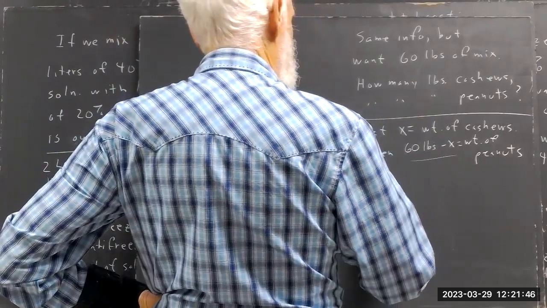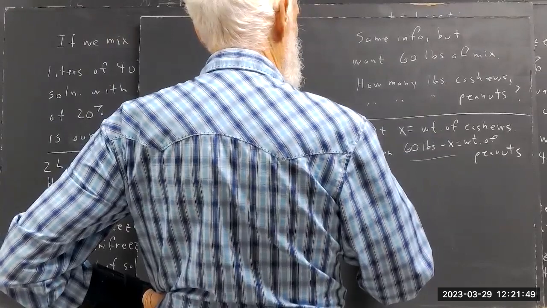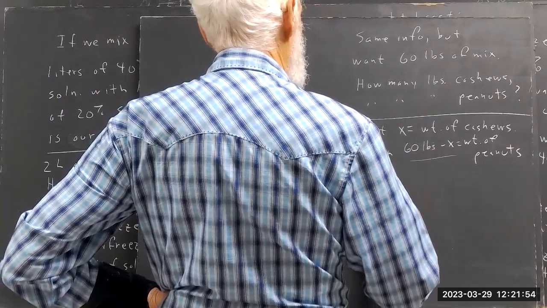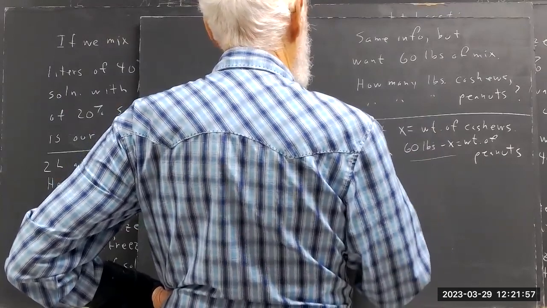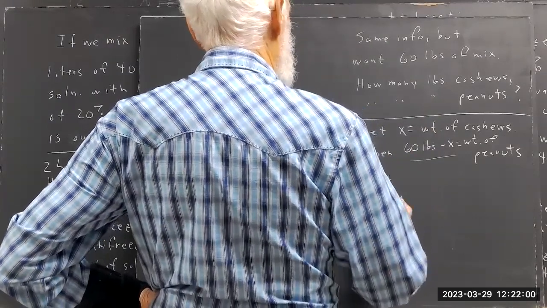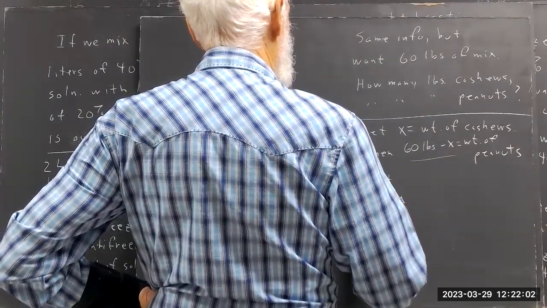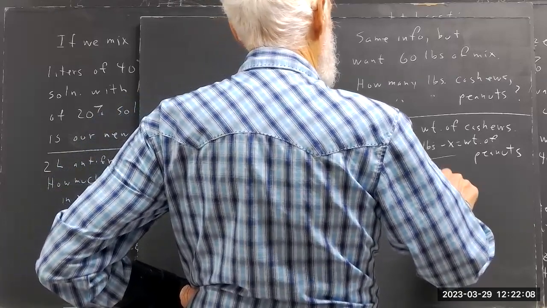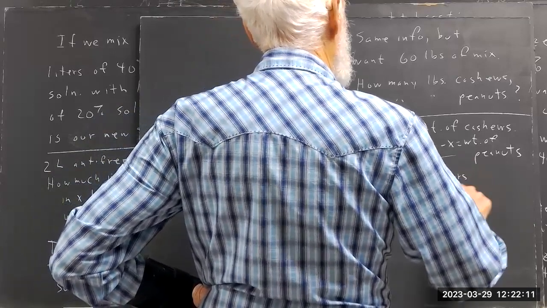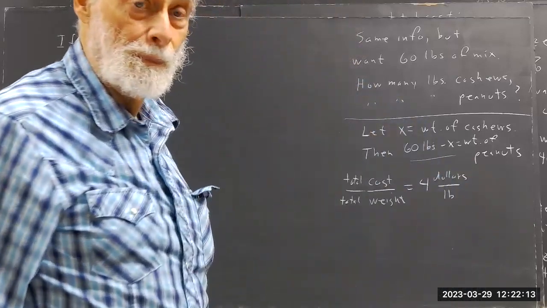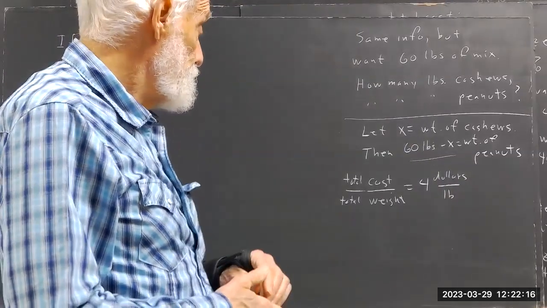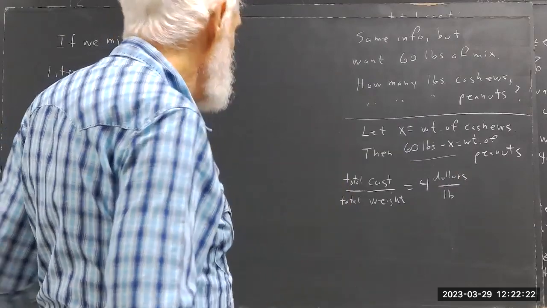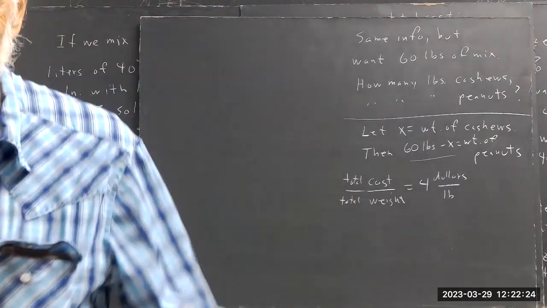And we want total cost over total weight to equal four dollars per pound. So with that information, if we had just a little longer, I believe you'd be able to work it out.